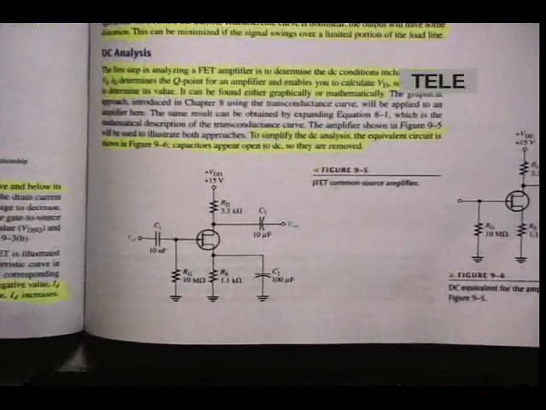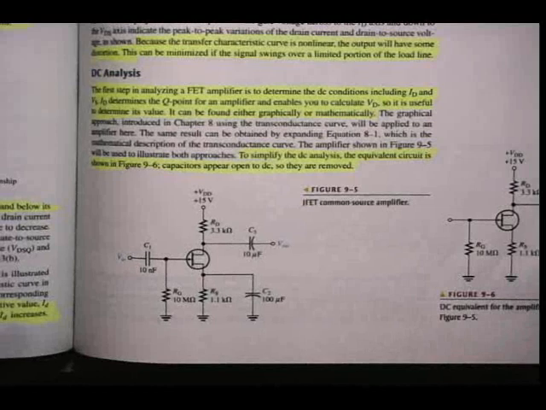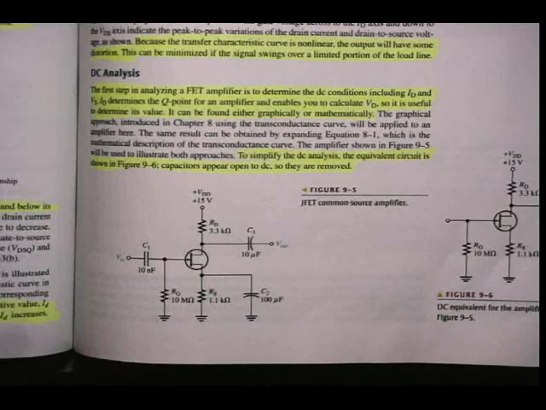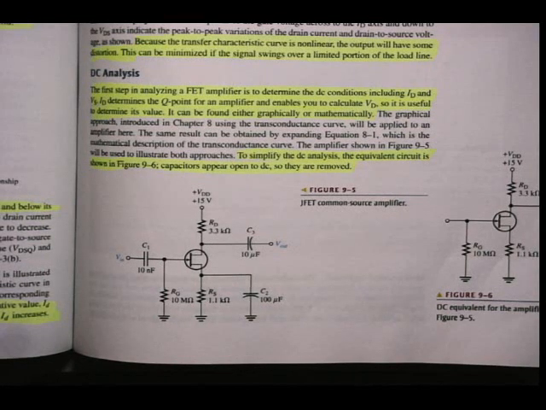Alright, the first step in analyzing a field effect transistor amplifier, if we look in the textbook, let's just make it a bit bigger. The first step in analyzing a field effect transistor amplifier is to determine the DC conditions, including ID and VS. ID determines the Q point for an amplifier and enables you to calculate VD, of course, so it is useful to determine its value.